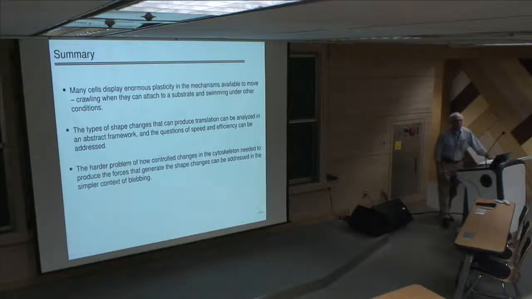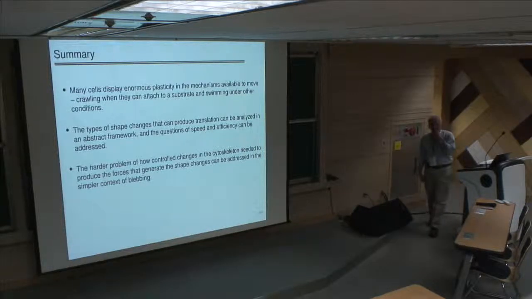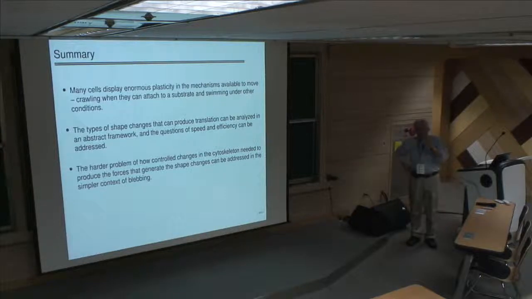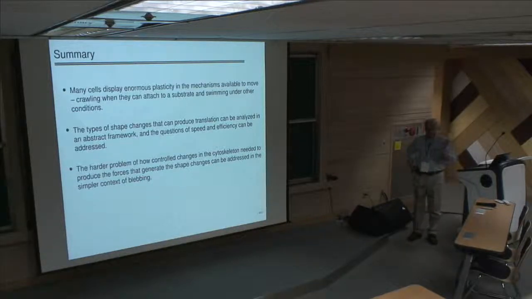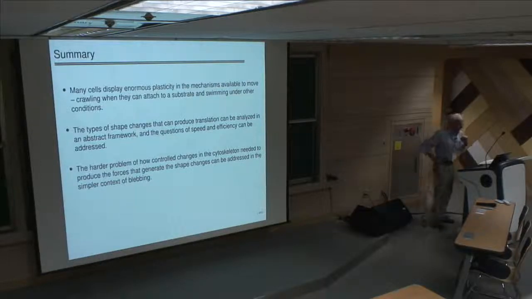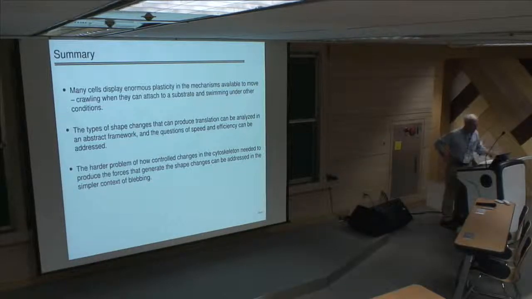Okay, so a couple of take-home messages. Surprisingly, or perhaps not surprisingly, cells can display enormous plasticity. That is, they can modify how they move depending on their mechanical interaction with the environment. So there's some feedback from detecting the properties of the environment to the kind of movement scheme that they're going to use.